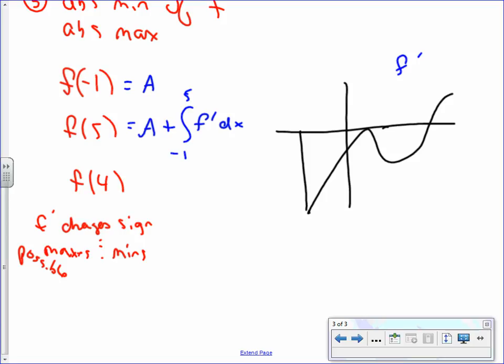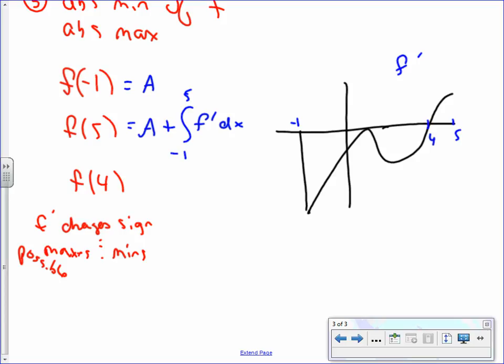This is negative 1, and then 4 was here, and 5 was here. So consider if you added these negative values in, and then this positive value in. Is f of 5 going to be bigger or smaller than f of negative 1? Am I adding more negative stuff to it, or more positive stuff?